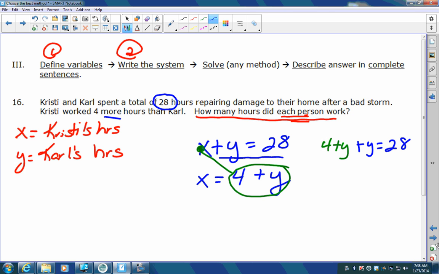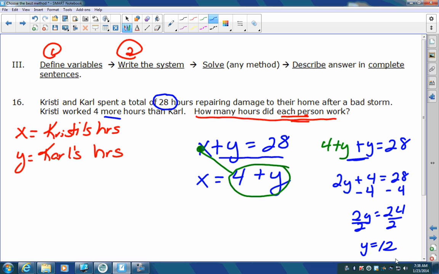Solve from here. I have 2y plus 4 is 28. Subtract 4 from each side. 2y equals 24. Divide by 2. Y equals 12. Am I done? No, it tells me how many hours Carl works.